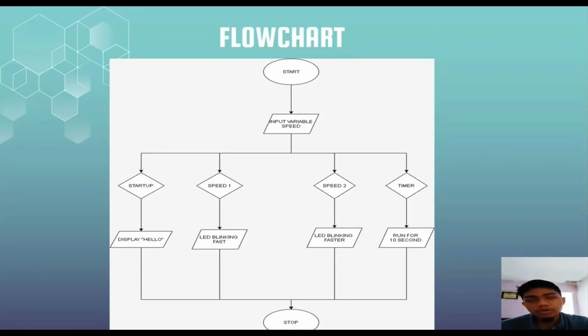Next, we put the ingredients in the blender. Next, we choose speed 1, speed 2, or timer. If we choose the timer, it will run for 10 seconds. If speed 1 or 2, the LED will blink fast, and for speed 2 the LED will blink faster. Then it will process at the power or speed that we choose. Next, it will stop after the process.